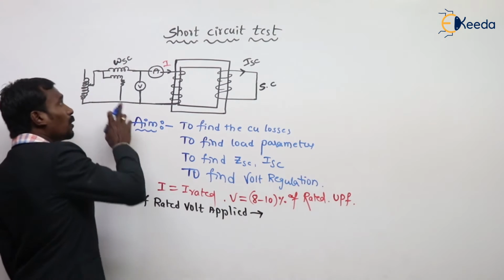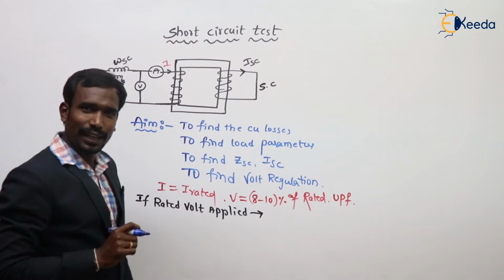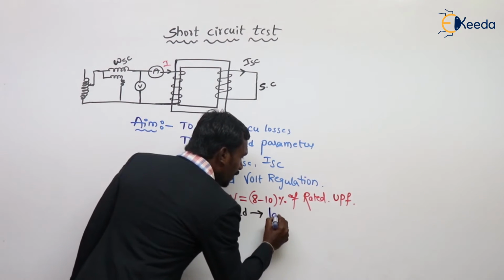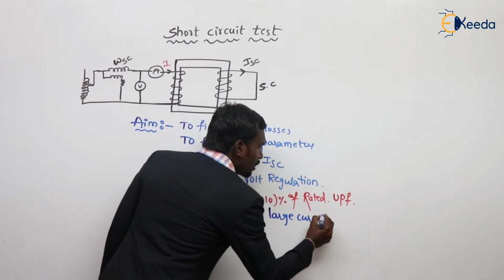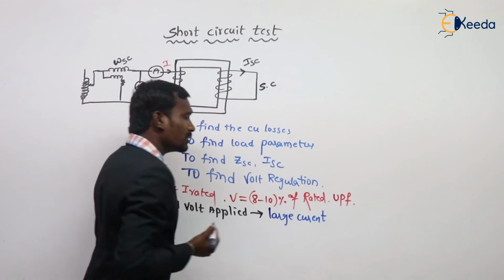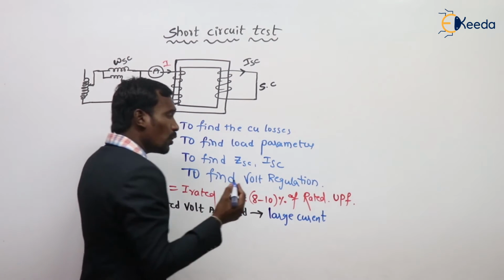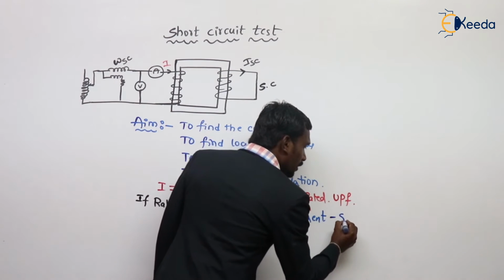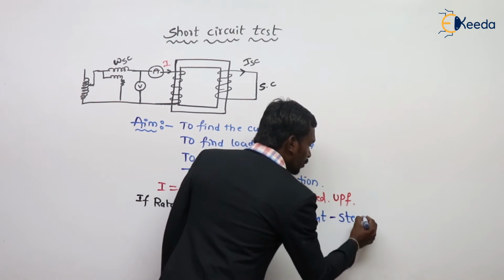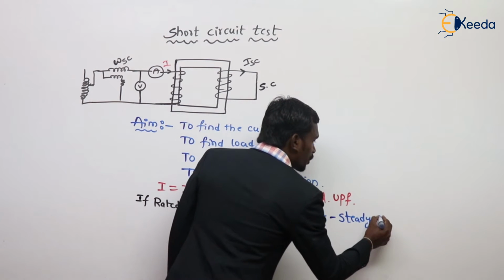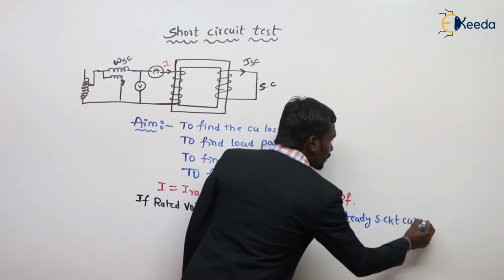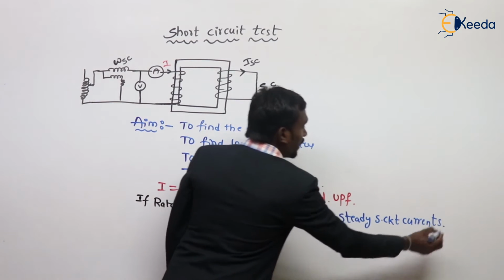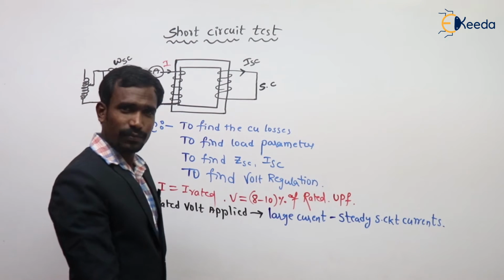For example, if you apply 100% of voltage, then large currents flow in the winding. Those large currents are called steady short circuit currents.